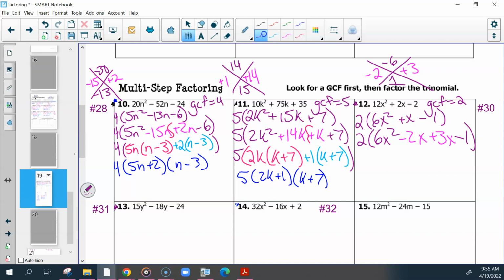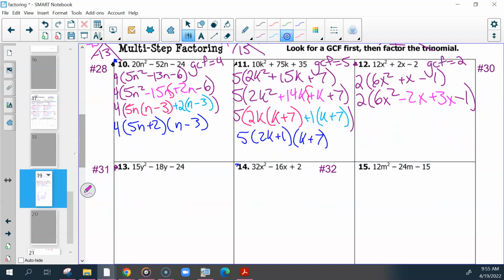And then we group until we're finished. What would the GCF of these two be? What's leaving? 3x minus what? 1.